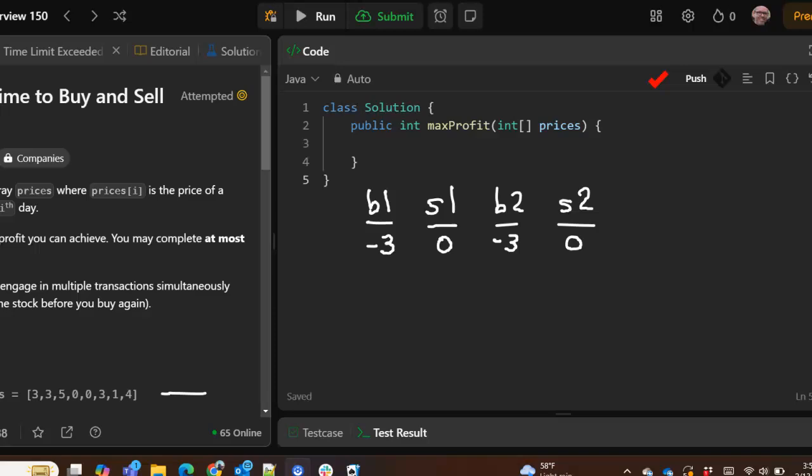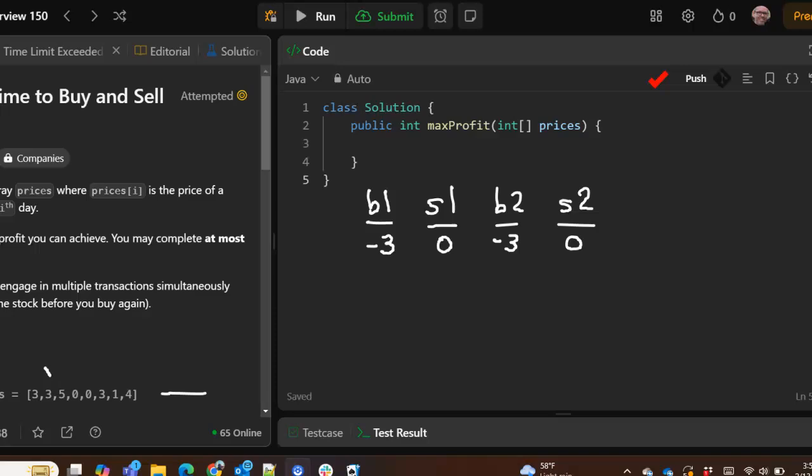So after initializing, we can go to the second number here. All right. Now the first buy is going to be the max of the first buy and the negative current price, which is actually the same thing. So we can just leave that where it is. We can't improve on that.